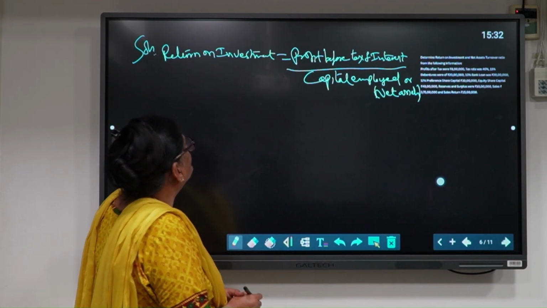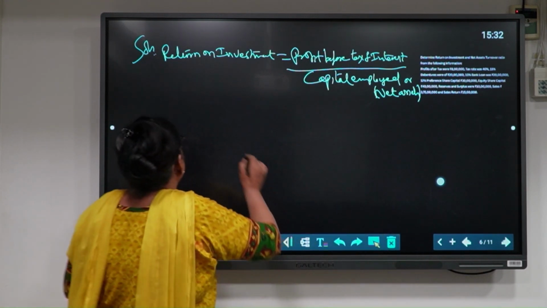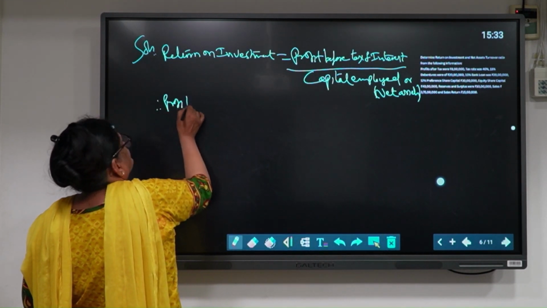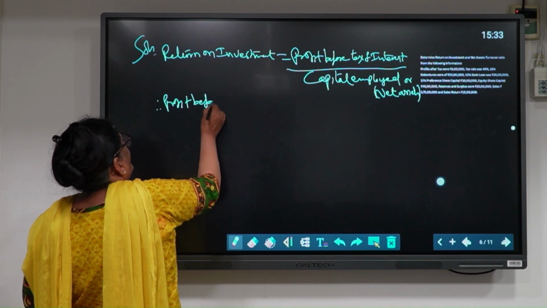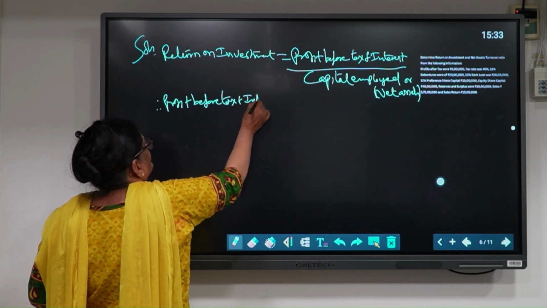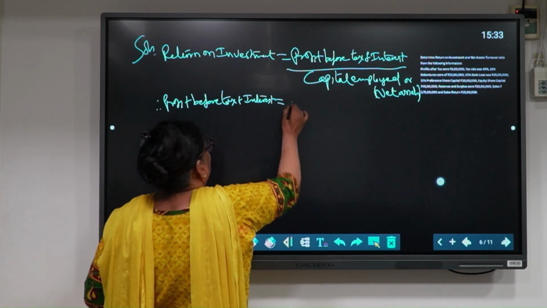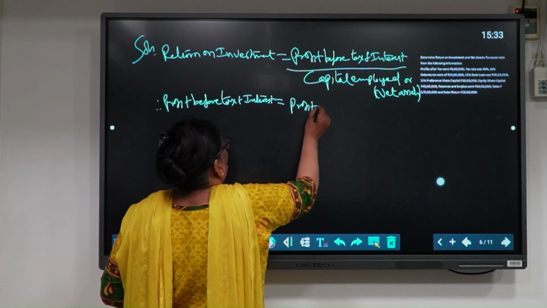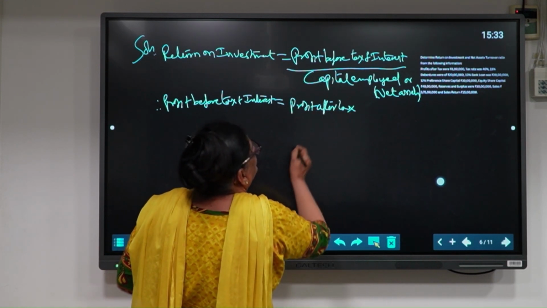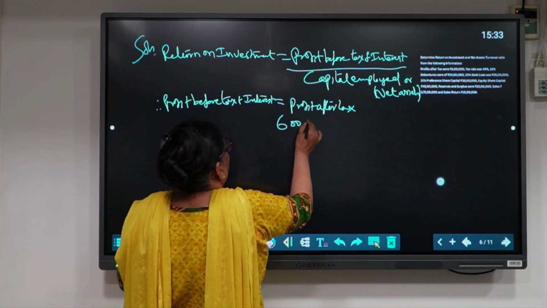Now let us go to profit. What is given here? Profit after tax is given. So to get profit before tax and interest, what we have to do? Profit after tax is 6 lakhs, given to us.